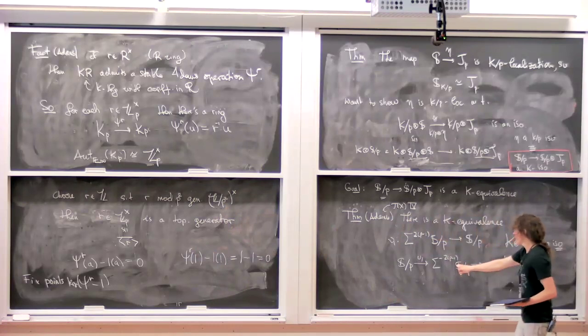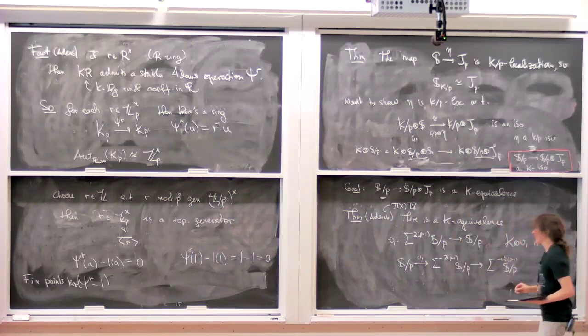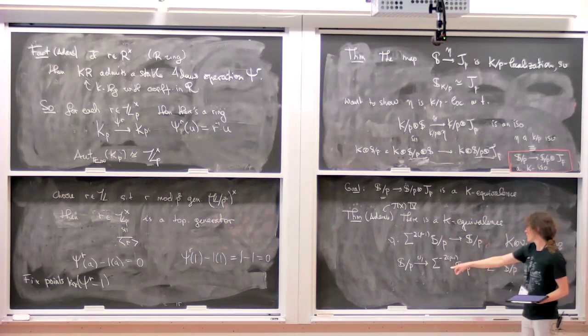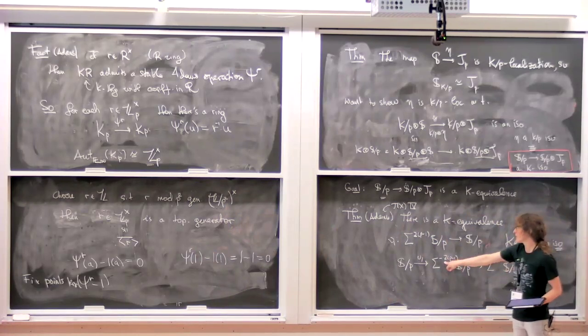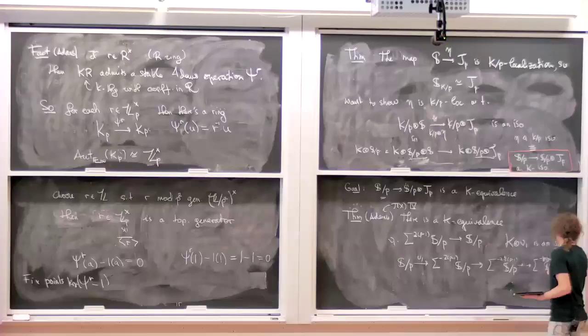But now think about doing V1 on the inside. Okay, so all I did was do V1 on the inside, so I'll get twice that. Okay, I can keep going. Minus 2k(p minus 1). Maybe I should put the minus k times 2(p minus 1) of S mod p.